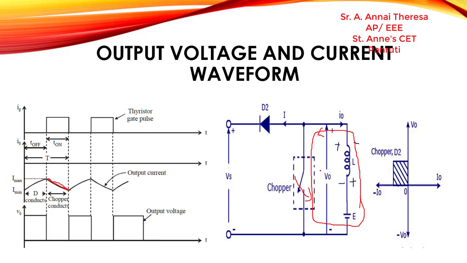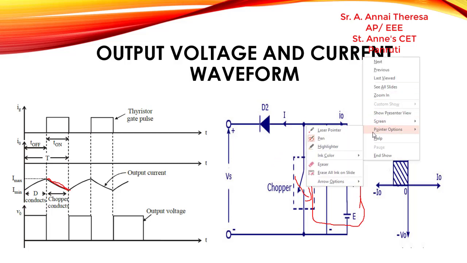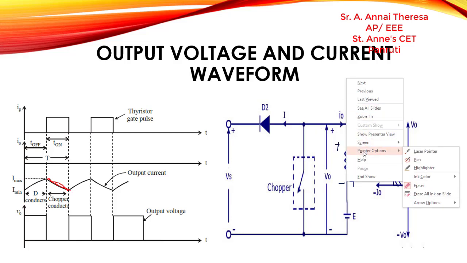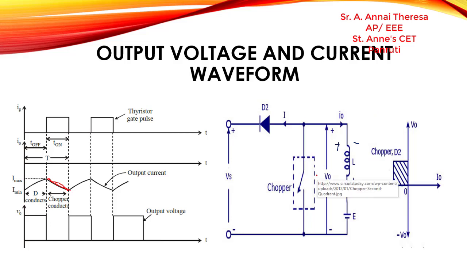Then when the switch is off, what will happen? Now what will be the current flow? The switch is off, so the voltage across this load will be E plus L into di by dt, which is greater than this input voltage.